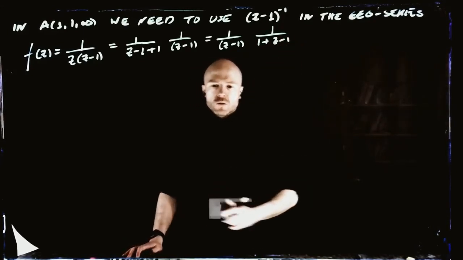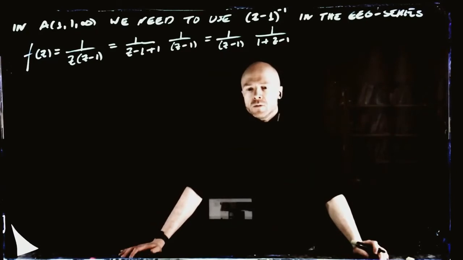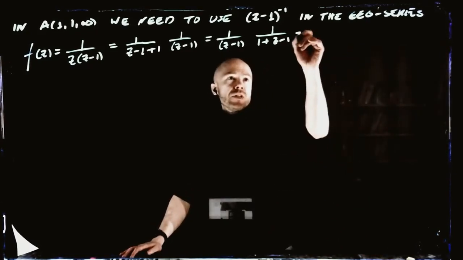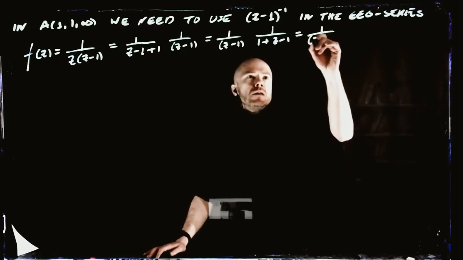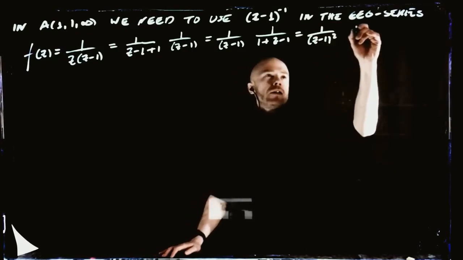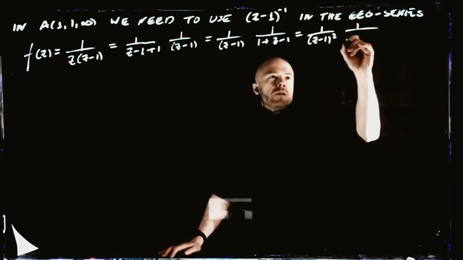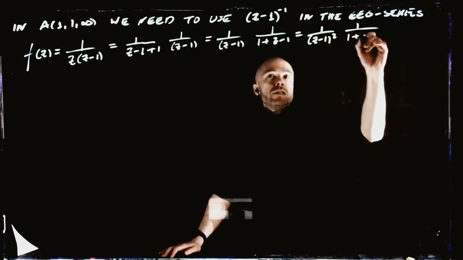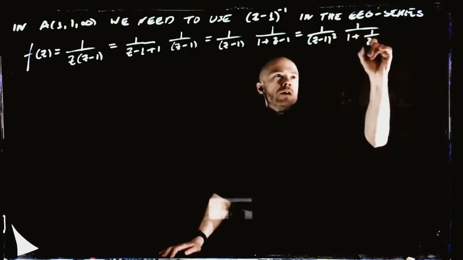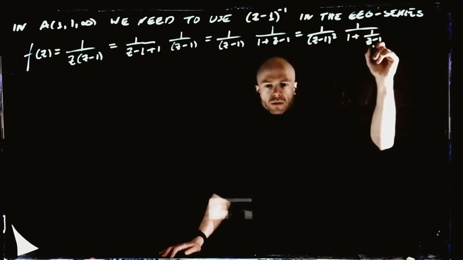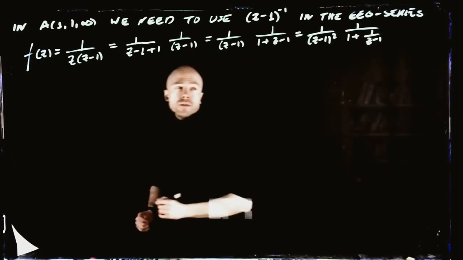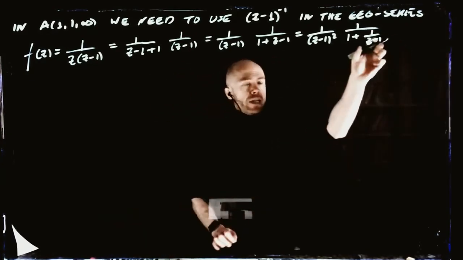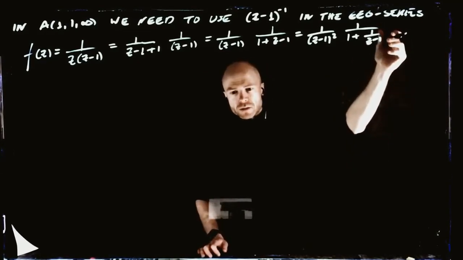All right, what thing now would you like to do? What's your next algebraic move? Perfect, yep. So let's write that as z minus 1 squared, and then we're going to pull out a z minus 1 from this thing. So we're going to have 1 plus 1 over z minus 1, like this, yeah? And now we have something that we can actually expand with the power series.